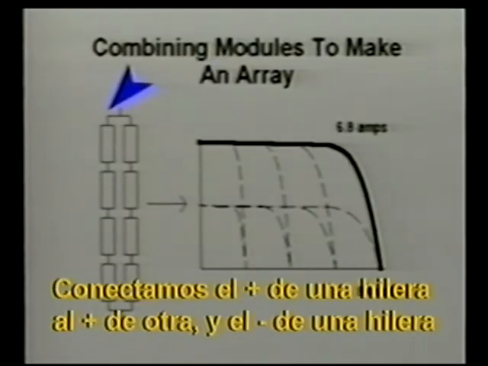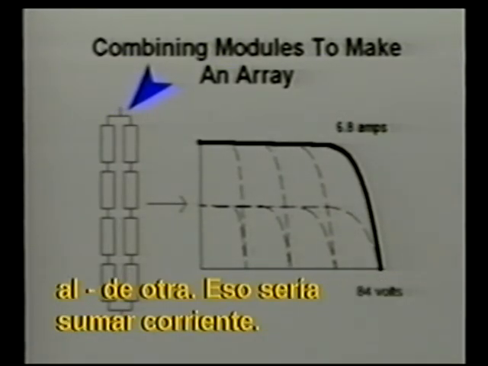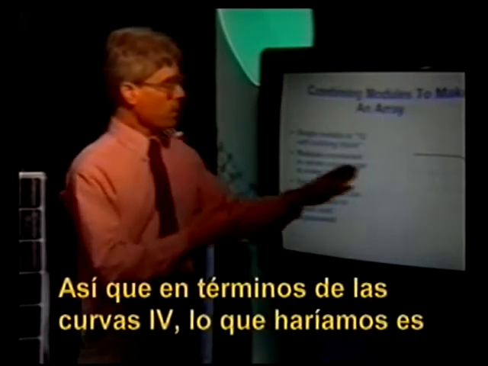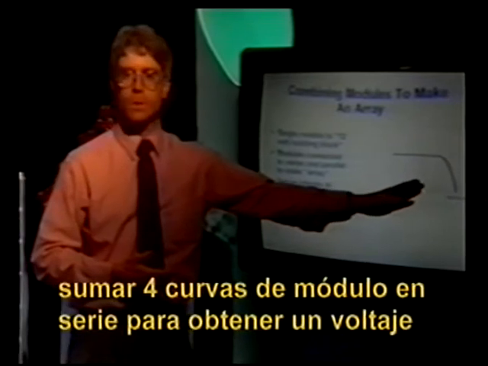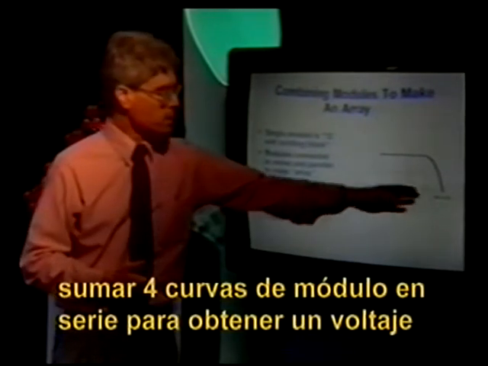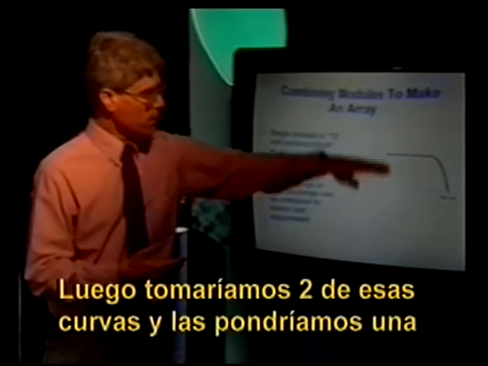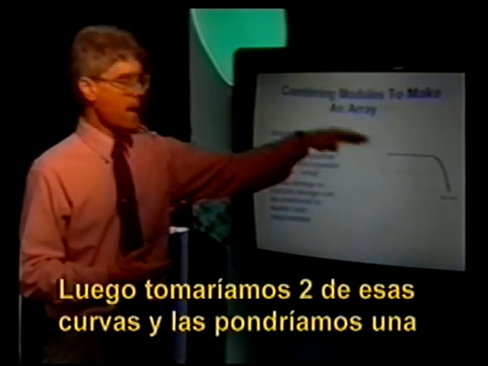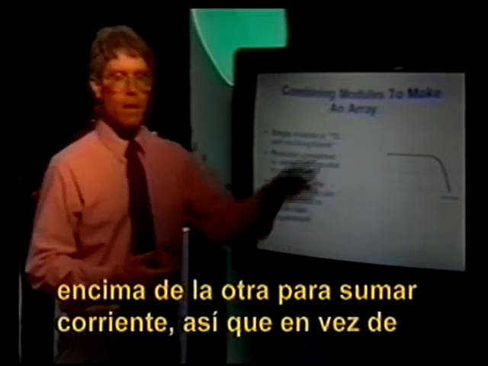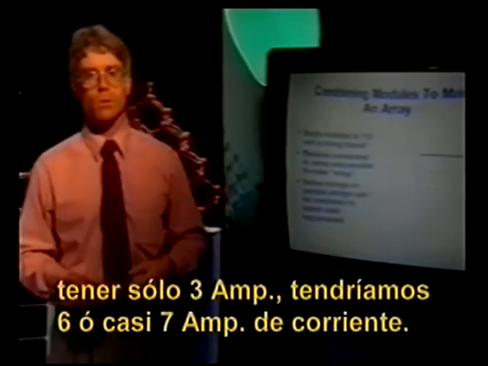So we connect the plus of one string to the plus of another, and the minus of one string to the minus of another. That would be adding current. So in terms of the IV curves, we'd add up 4 module curves in series to get an open circuit voltage of more than 80 volts, and then take 2 of those curves and put them on top of each other to add up current. So instead of having only about 3 amps, we'd have 6 or almost 7 amps of current.